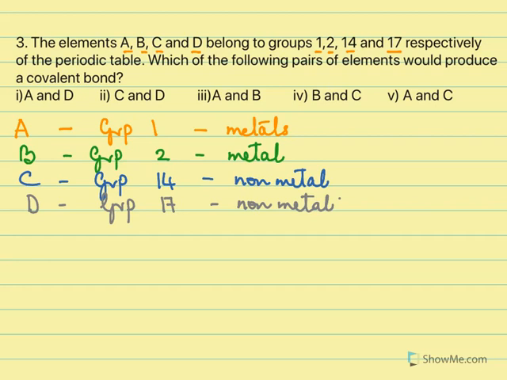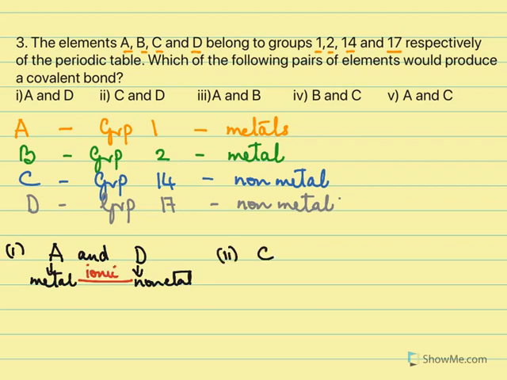The first is they are talking about A and D. Now, what is A? If you look up, A is a metal and D is a non-metal. So, not covalent bond. Here will be ionic bond. The bond between these two will be ionic because one metal, one non-metal.